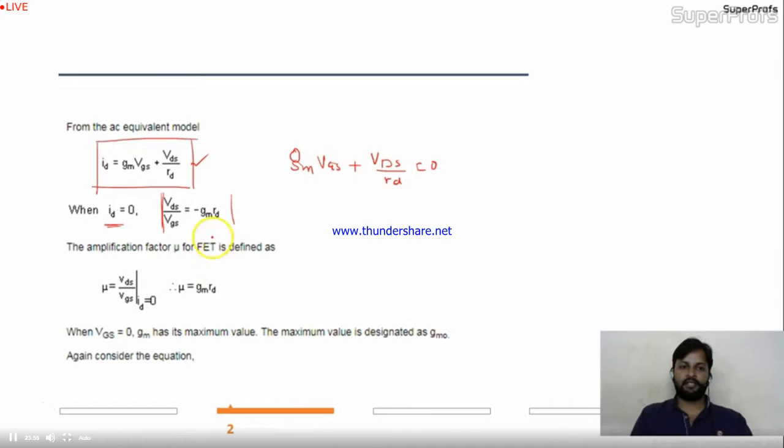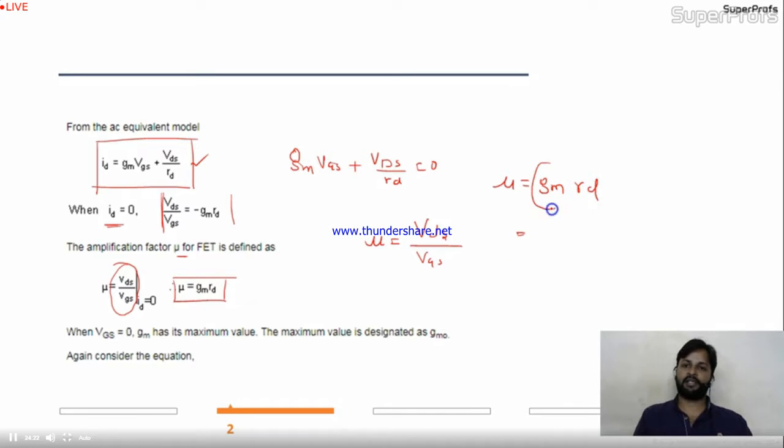Is it okay? So the amplification factor mu for FET is defined as VDS by VGS at ID equal to 0. Mu is the amplification factor and given by VDS divided by VGS. Is it okay? And mu is nothing but GM RD.